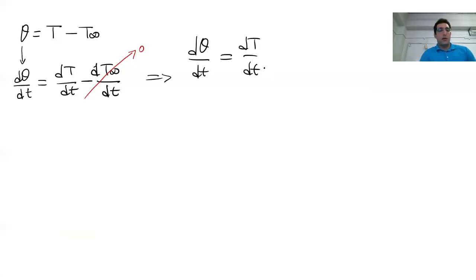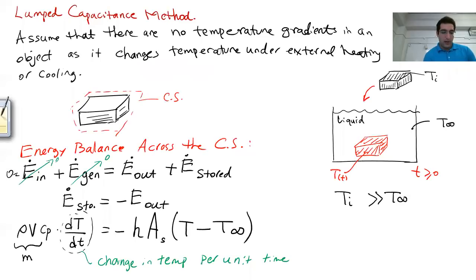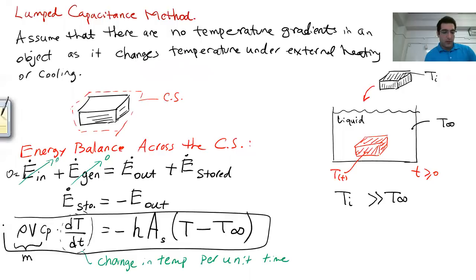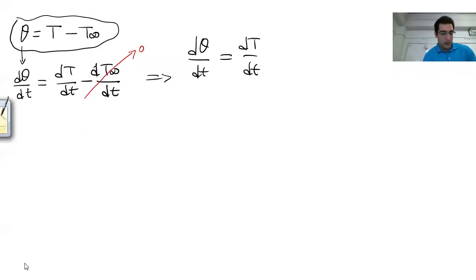So you can use the new variable theta, and whenever you have dT over d time, you can just replace it with d theta over d time. So if I go back one slide, and use this final form of the equation I had for T minus T infinity, I'm going to put theta, and for dT over d time, I'm going to put d theta over d time.